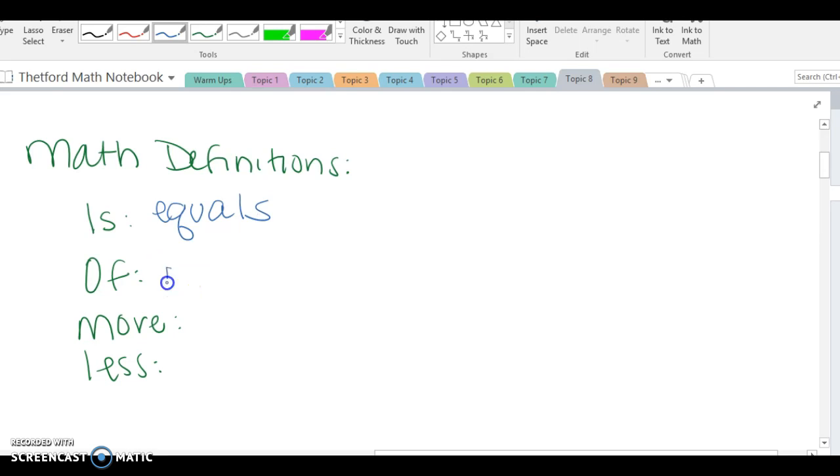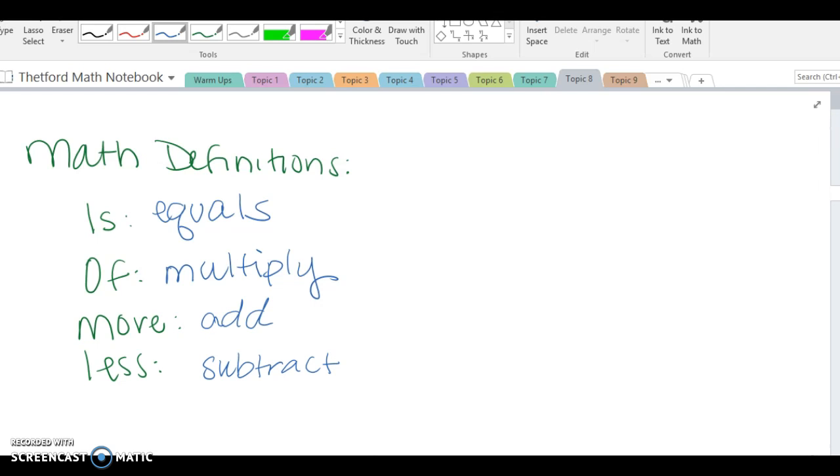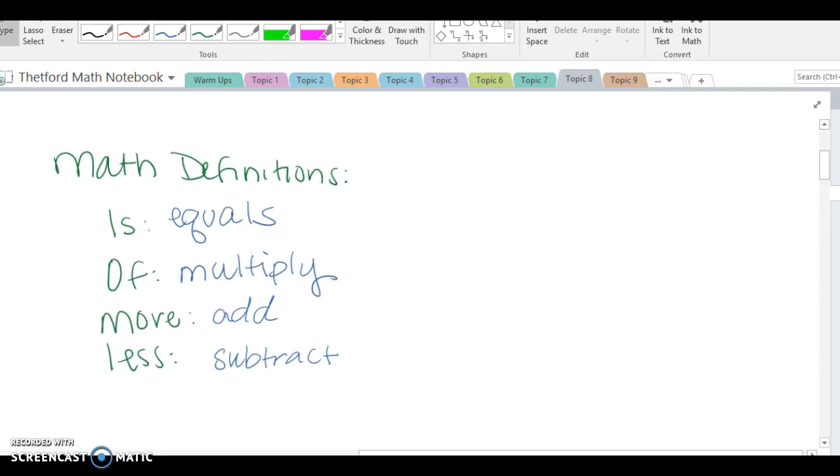Of means multiply. More means add. And less means subtract. And these are not all of the words, but like I said, they are the most common that you'll see in these word problems. Make sure that if you need to pause the video to get down all of the notes, if I'm going too fast, that is completely okay to do.